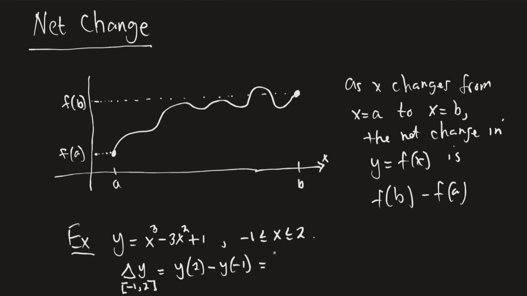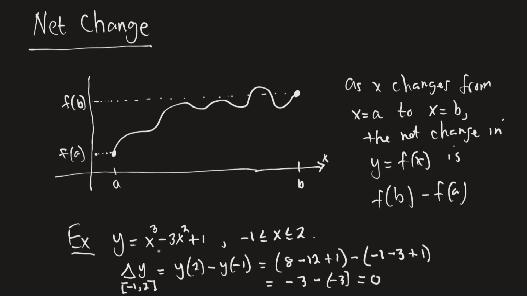So y of 2 will be 8 minus 12 plus 1, and then minus y of -1 would be -1 minus 3 plus 1. So what do we end up with? This is 9 minus 12, so that's -3 minus, and look, we have another -3 there. So the net change of this function over this interval is 0, right?